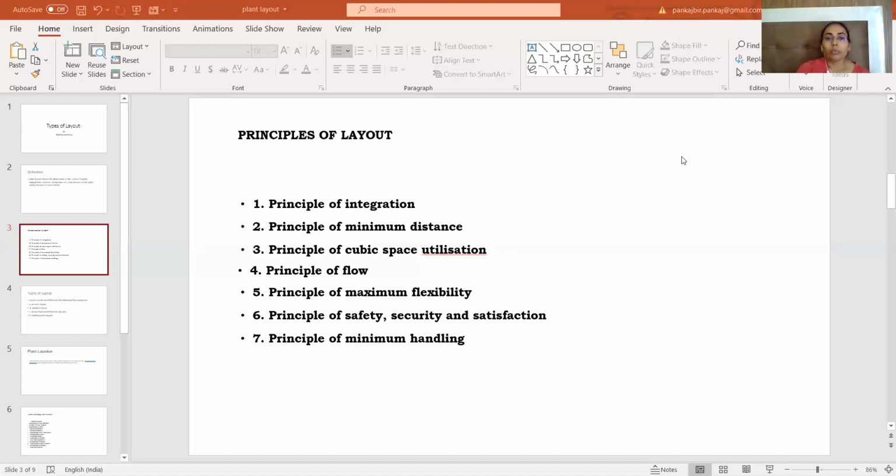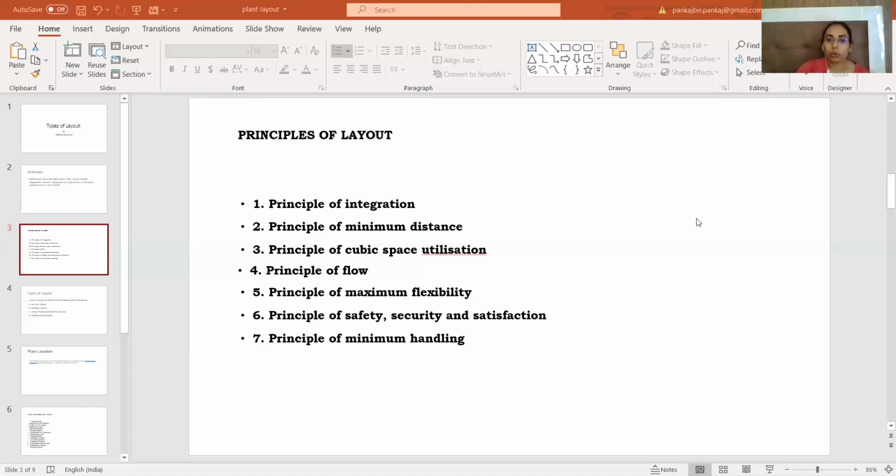The next principle is the principle of maximum flexibility. A plant layout is considered good when it can be altered according to the need of the time or the need of production, and it should also satisfy customer needs or specifications. So it needs to allow a certain amount of flexibility. The next principle is the principle of safety, security, and satisfaction.